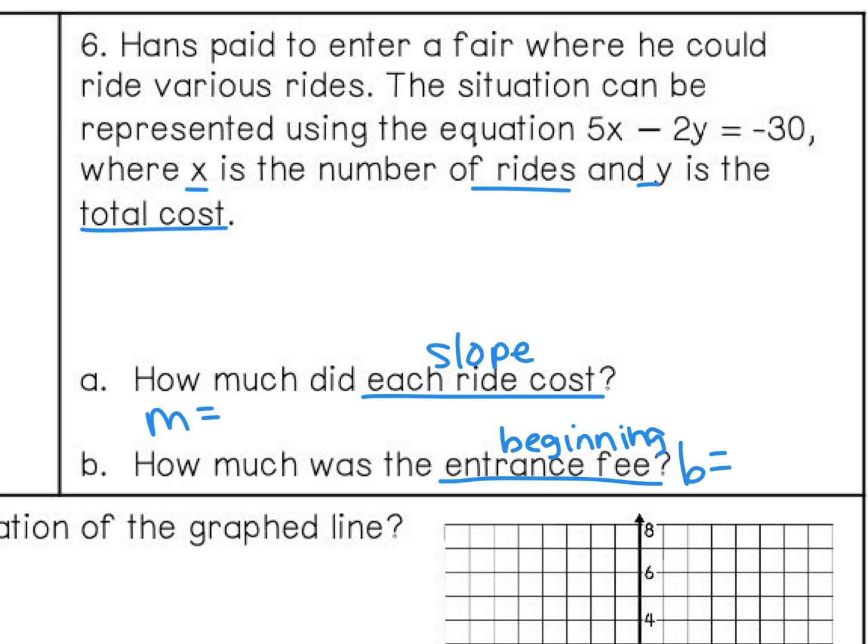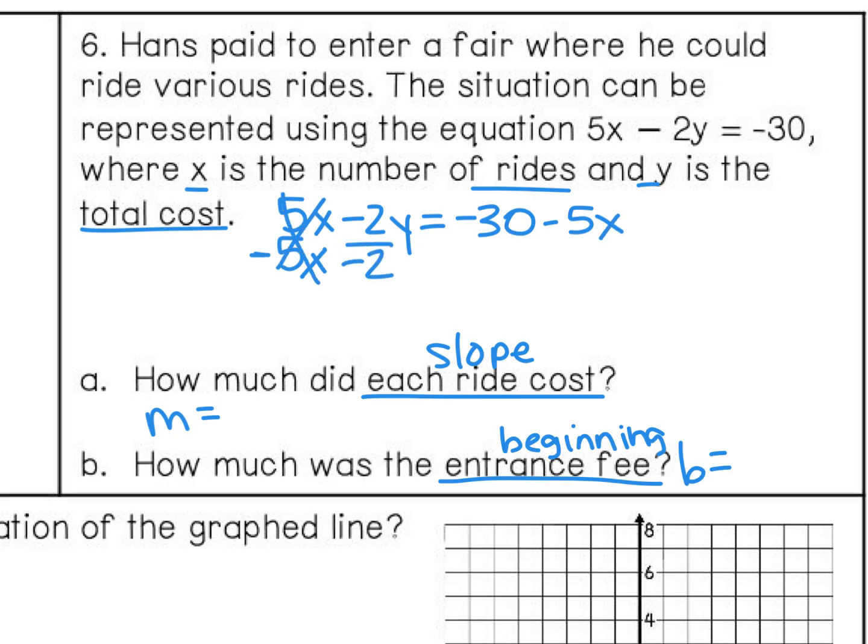So what would be the best method to figure these things out? Could we change this 5x minus 2y equals -30 to y equals mx plus b if that's what they're asking us for? Sure. How am I going to do that? Subtract the 5x. Yeah, we're going to move them over. And then divide. Now, -2. Very good. Make sure you take the sign.